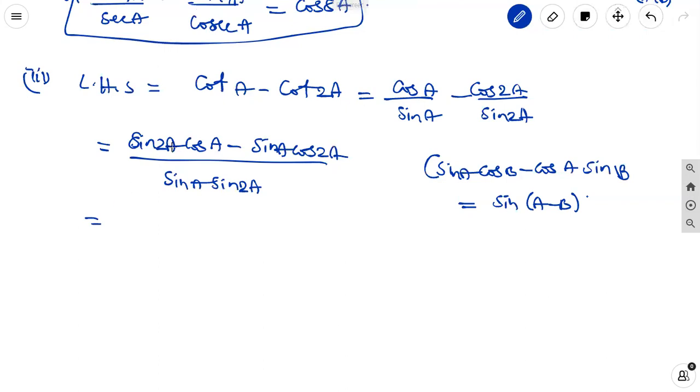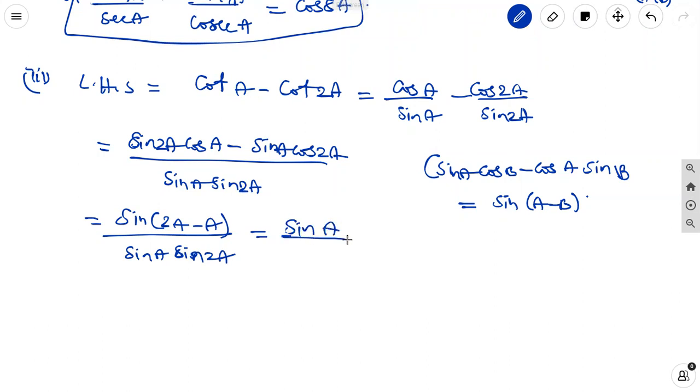This is equal to sin of 2A minus A by sin A sin 2A. It is equal to sin of 2A minus A, which is A, by sin A sin 2A.